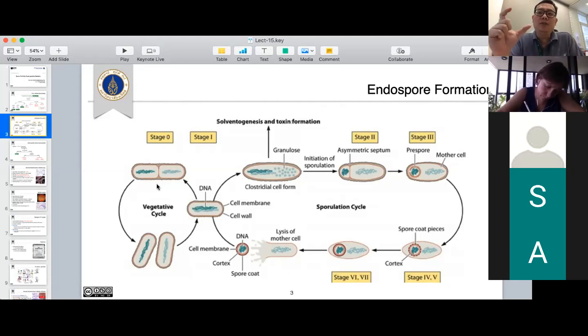If you learned microbial genetics or molecular biology, you probably heard the term competent cell. Do you know about this term? What is a competent cell? Who wants to try?